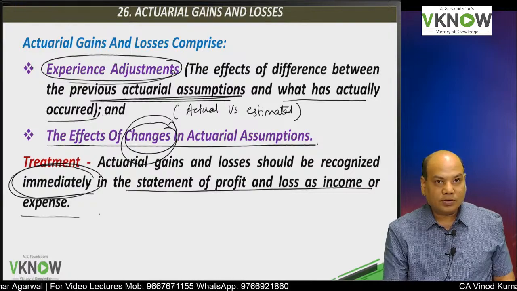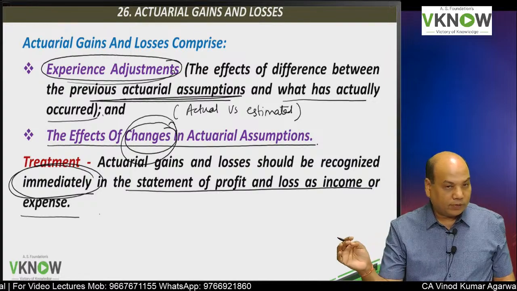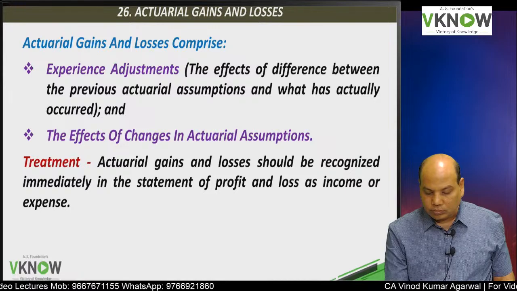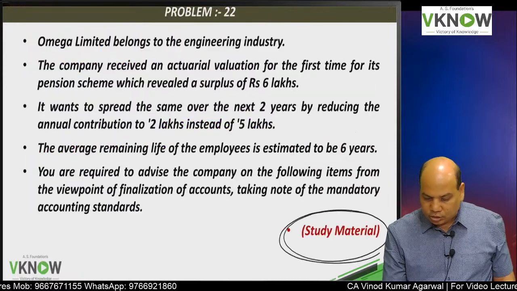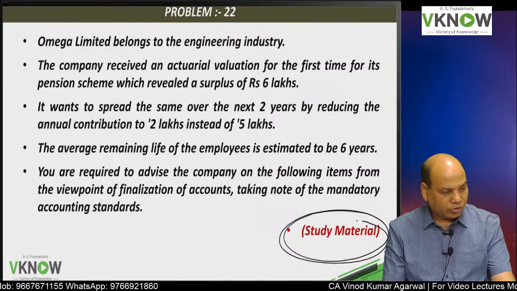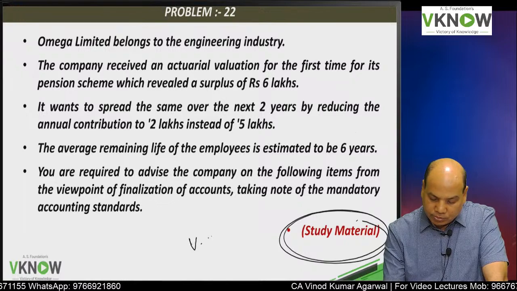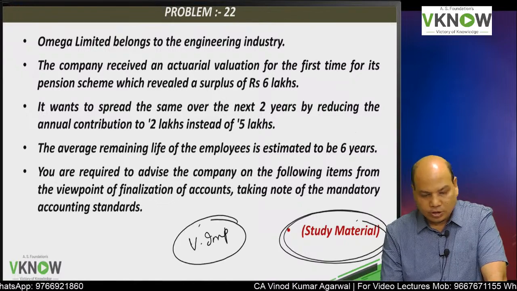No need to defer. Any actuarial gain or loss will be transferred to profit and loss account. Okay. Now there is a question from study material on actuarial gain and loss. So we'll take this also immediately. Question number 22. Because it's from study material, I can mark it as important.